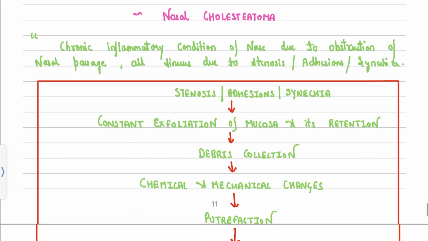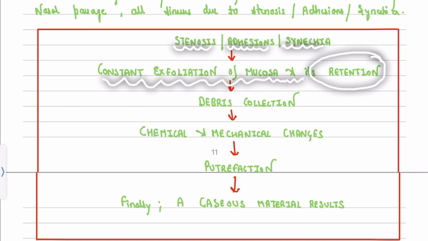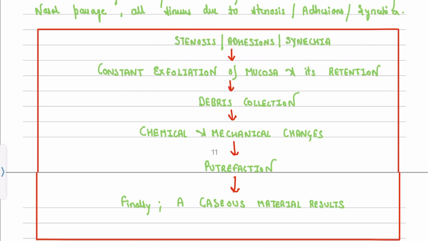So what is the pathology of rhinitis caseosa? There is stenosis, adhesion, or synechiae. This leads to constant exfoliation of mucosa and its retention in the nasal cavity, because there is stenosis and the nasal cavity is obstructed. There is long-term debris collection in the nasal cavity, and with this long-term collection there are chemical and mechanical changes around the debris, which lead to putrefaction.